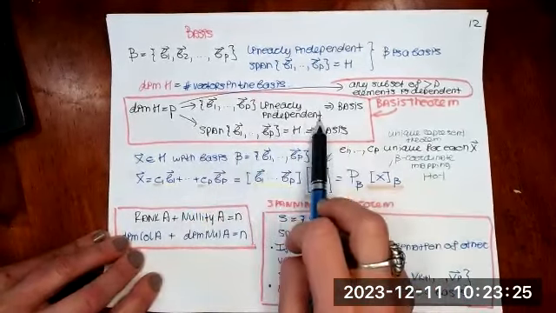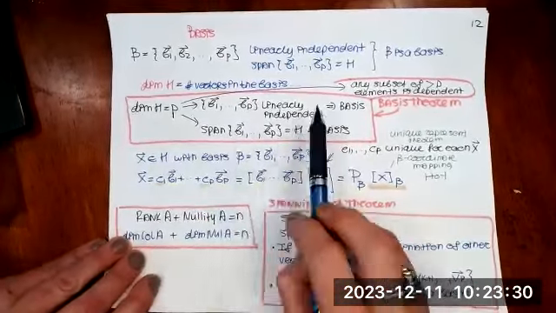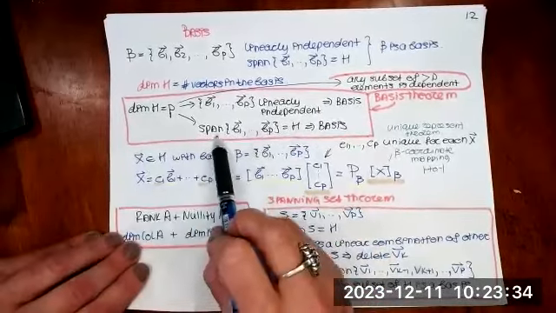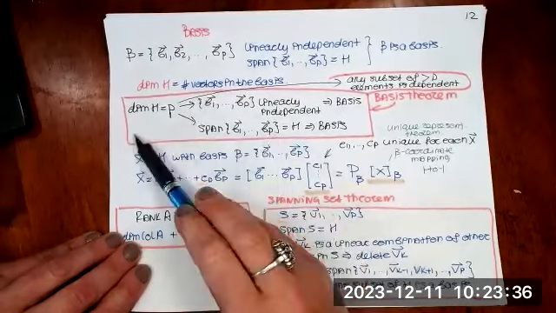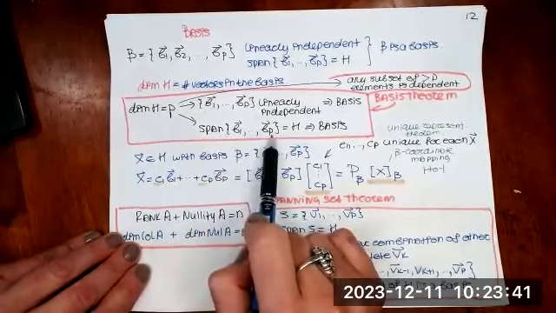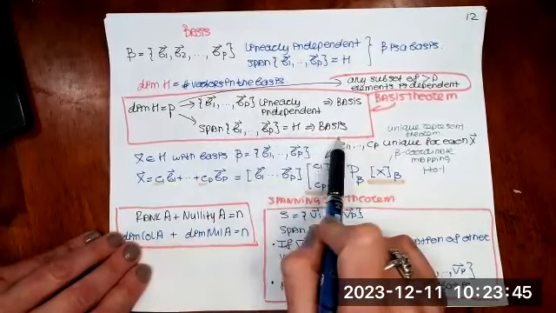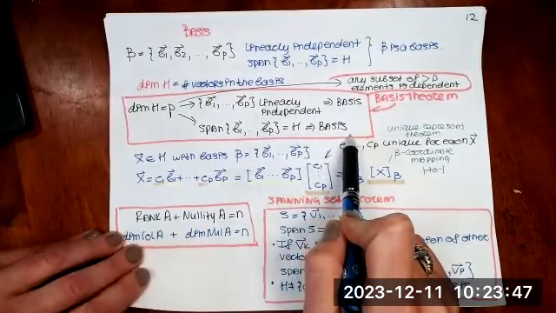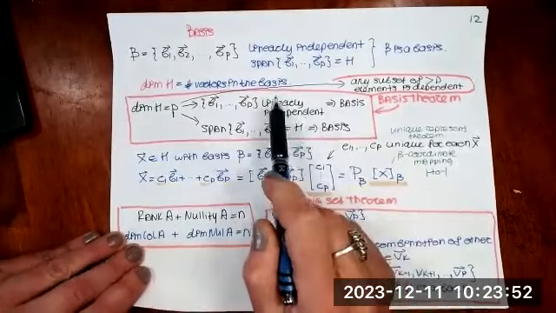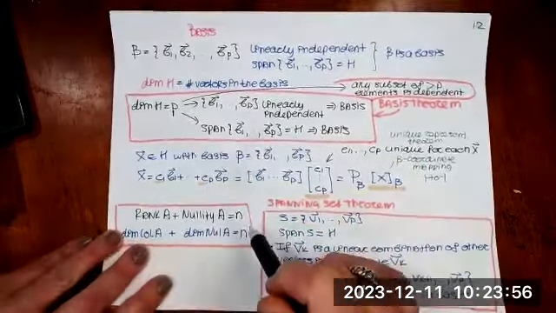They're linearly independent, which implies that they also span, and it's a basis. Or if you know that you have P vectors in the dimension P subspace, and you know that they span the entire subspace, then they would have to be linearly independent, so it's automatically a basis. So if you know the dimension and you know you have P vectors in your set, you only have to check one, linear independence or spanning, and that would be a basis.